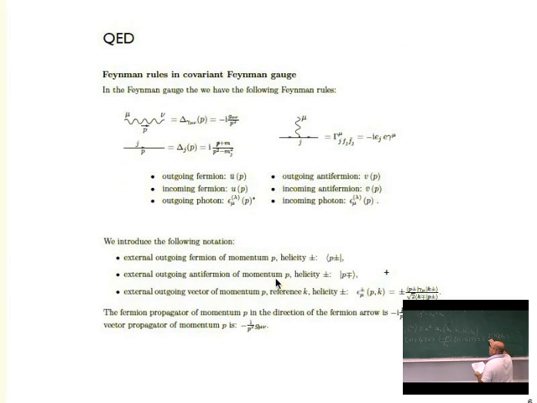In the denominator there is s12, which I can write as ⟨1 2⟩[2 1]. Now I multiply numerator and denominator by the same factor, ⟨3 4⟩ over ⟨3 4⟩.